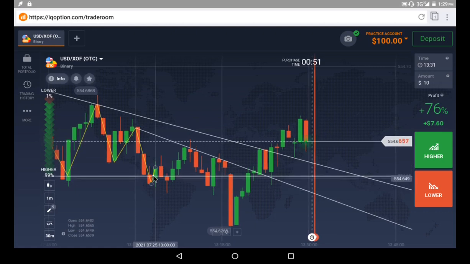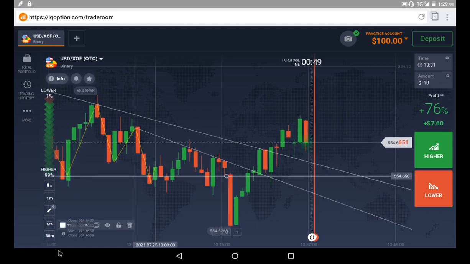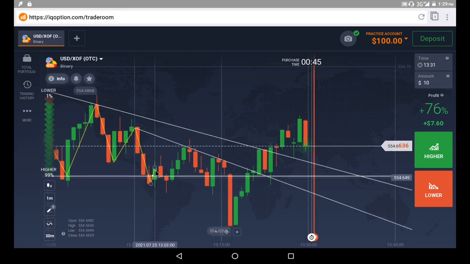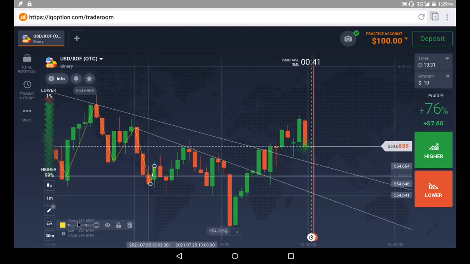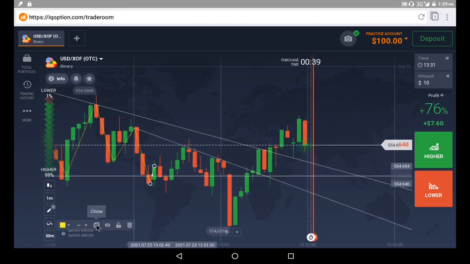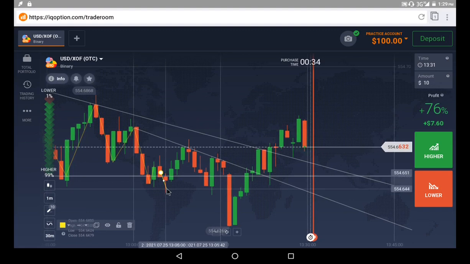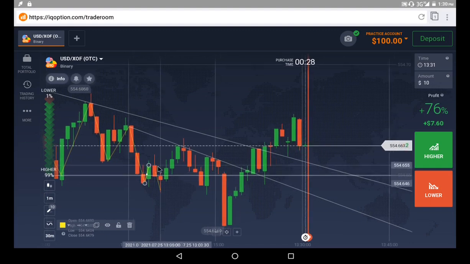You can see the buyers entered there. I'll clone it again. Okay, now clone here. Okay, can see to this level we see a very strong rejection, the lower side.